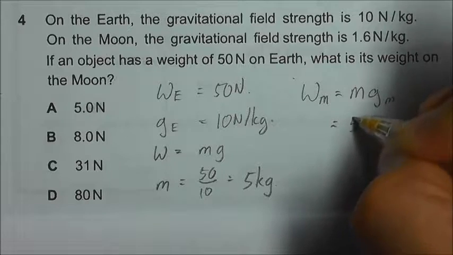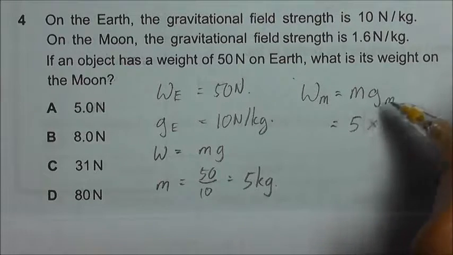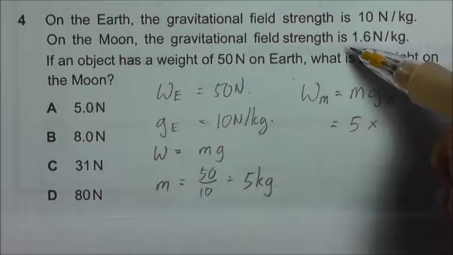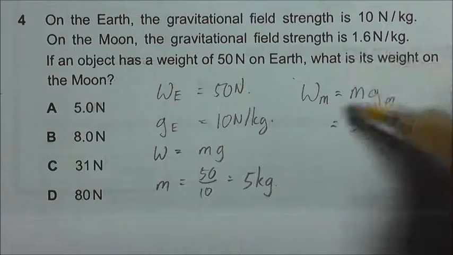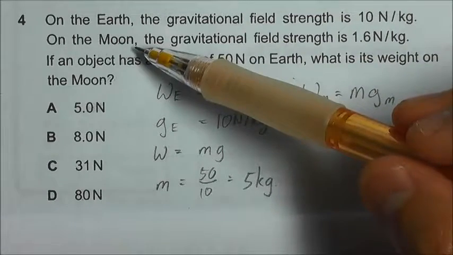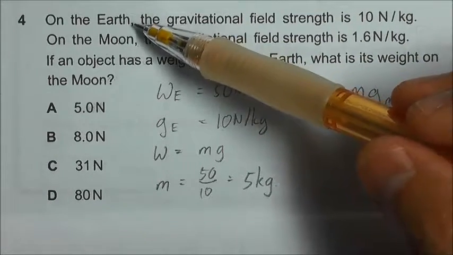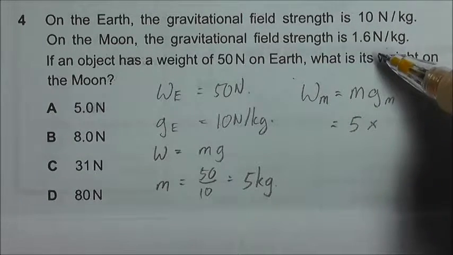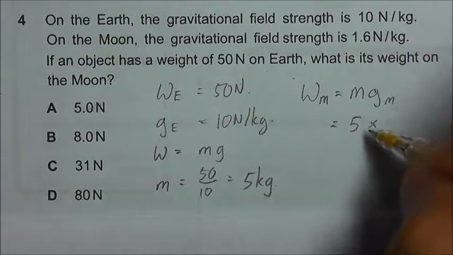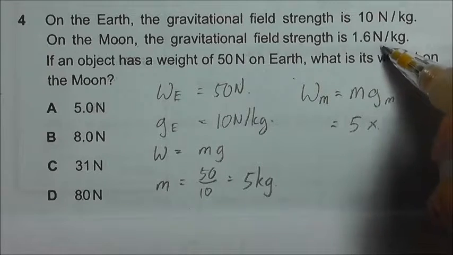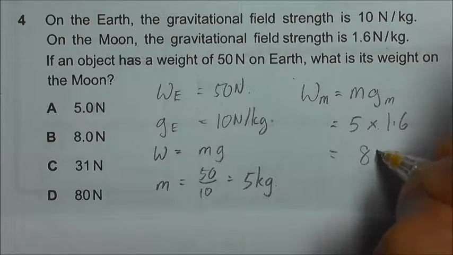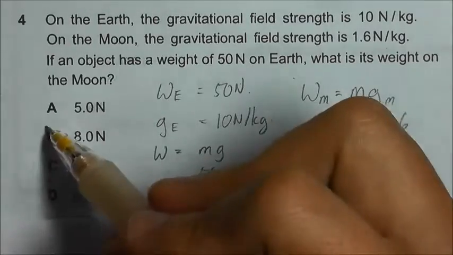So the mass will be 5 kg and the gravitational field strength will change because the gravitational field strength is dependent on the size of the planet, and as the size of the moon is about 6 times smaller than that of Earth, the gravitational field strength is also 1/6 of that on Earth. So the weight is equal to 5 times the gravitational field strength, which is 1.6. That will give us 8 Newton. Answer B.